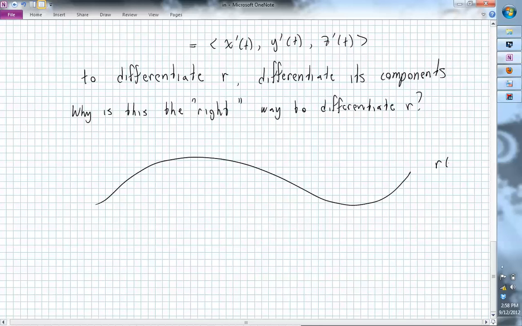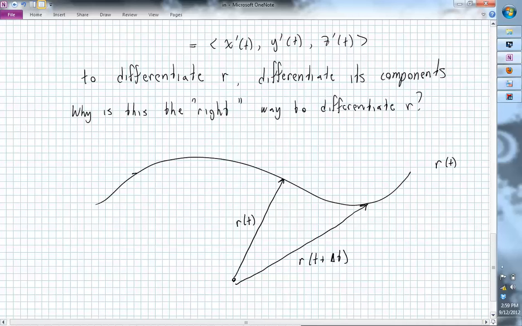Here's a space curve r of t. And I'm going to sketch in a position vector r of t. And then I'm going to sketch in another position vector, r of t plus delta t.